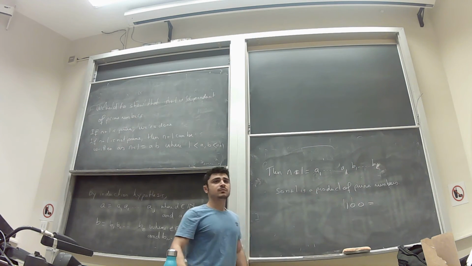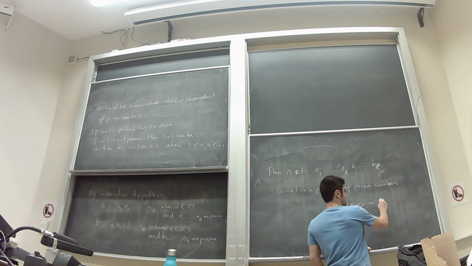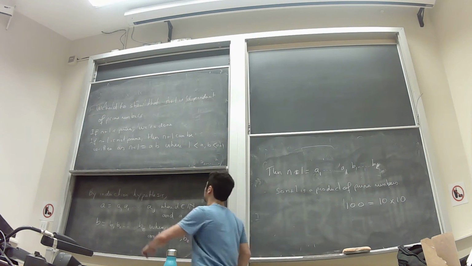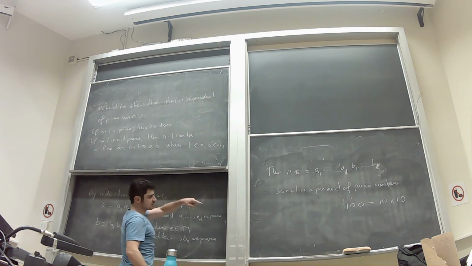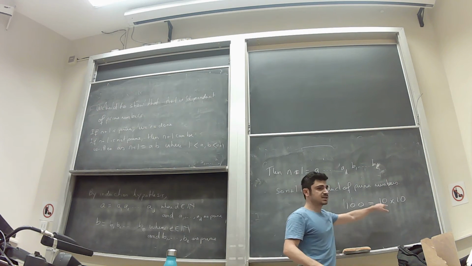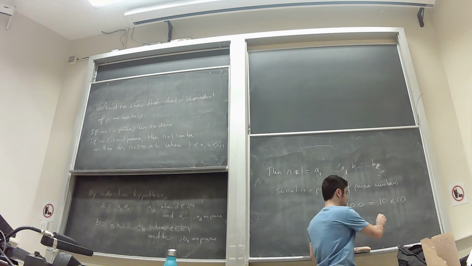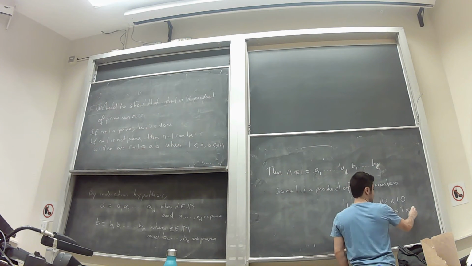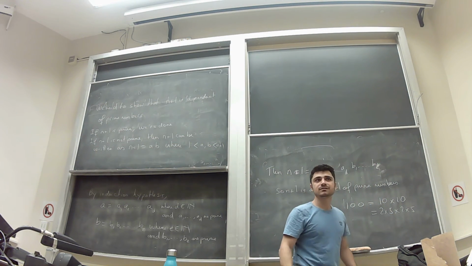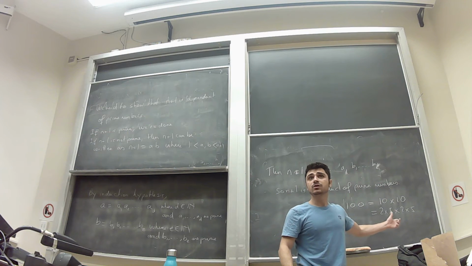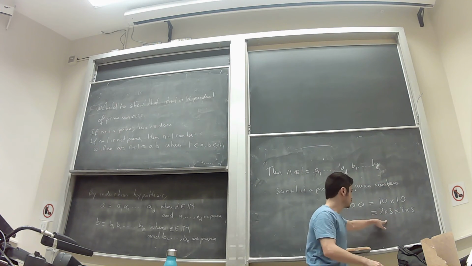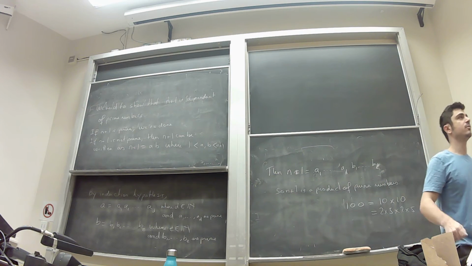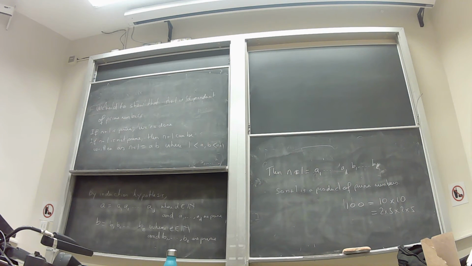Let me write 100 as 10 times 10. This is the induction step. N plus 1 is 10 times 10. Now this 10 can be broken into a product of primes. This is 2 times 5. And this 10 can be broken down into a product of primes. This is 2 times 5. Right? Are we good? So this 100 is a product of primes. This is how you break them up. Okay? Great.